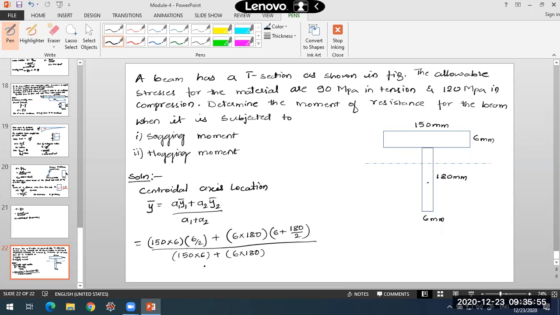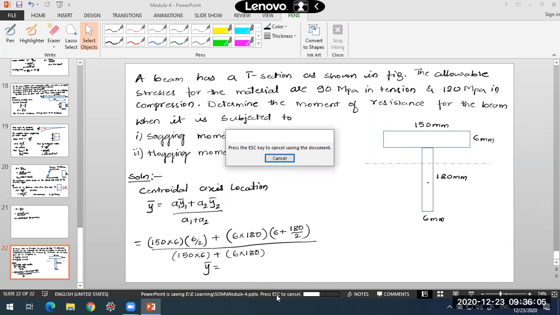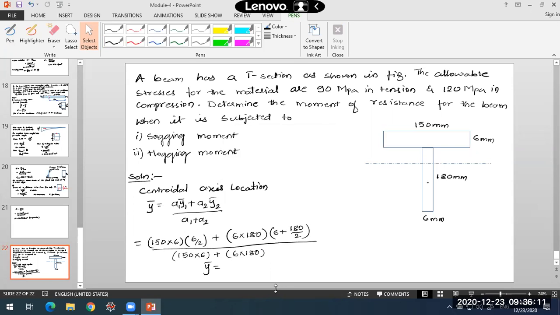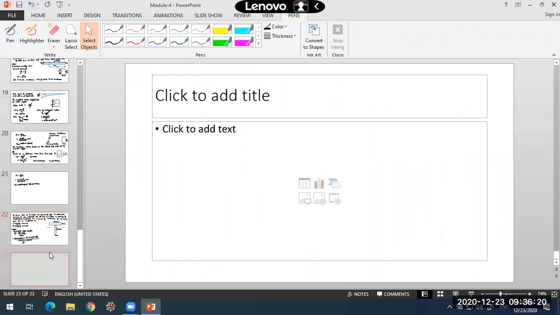So what is this y bar value? How much do you get? Yes, what is the answer for that?